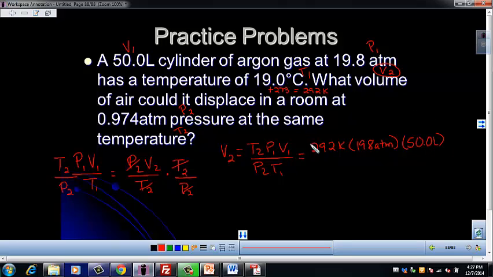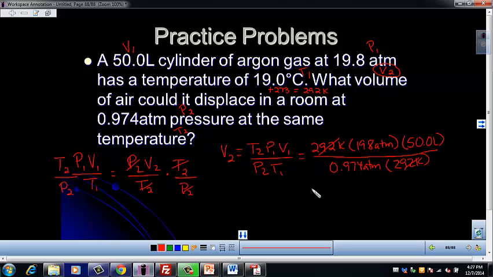Remember that T2 and T1 are the same, so we can come down here and put our T1 as 292 K also. And then our P2 is 0.0974 atmospheres. Now you're probably noticing that when the temperatures are the same, you can just go ahead and cancel those. And you can actually do that at the equation step if you're comfortable doing that, because that will just save you a little extra math or extra solving.